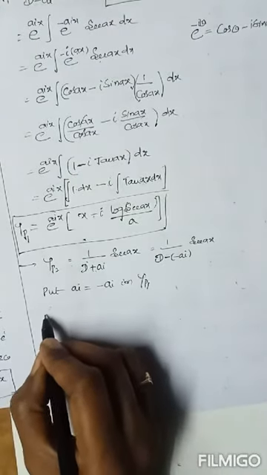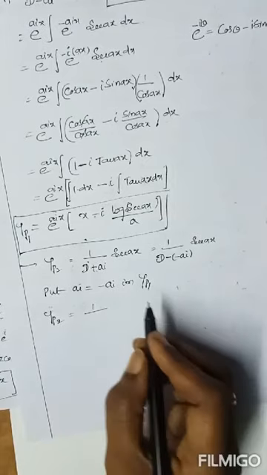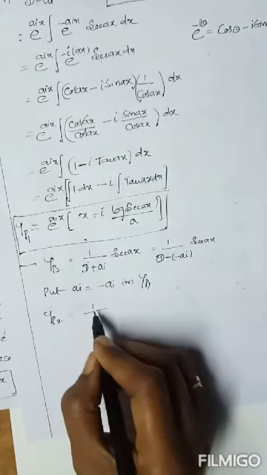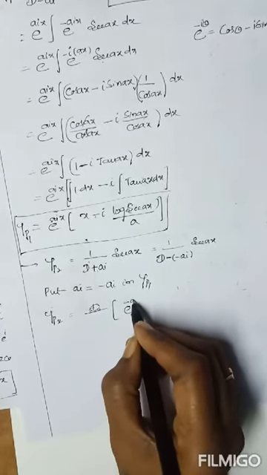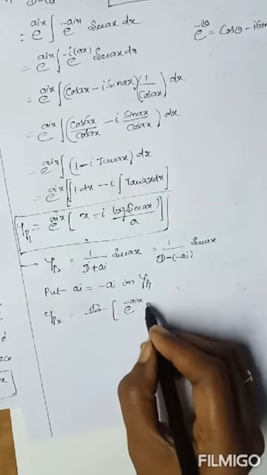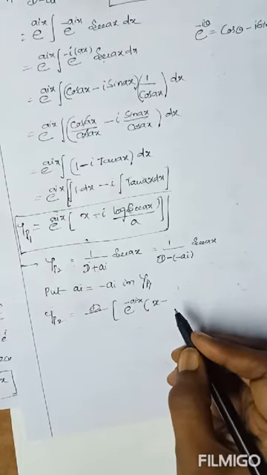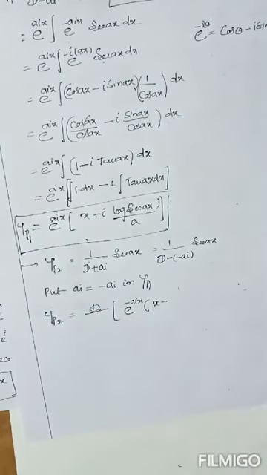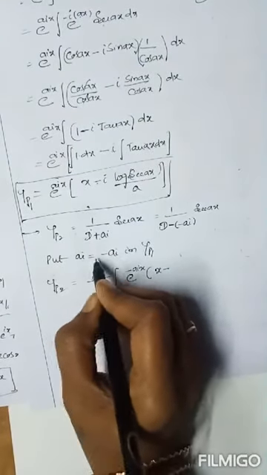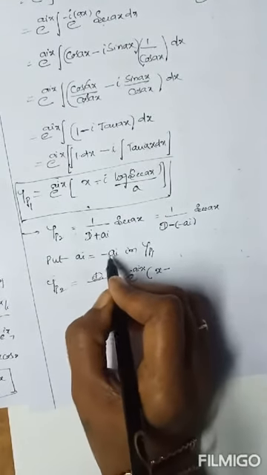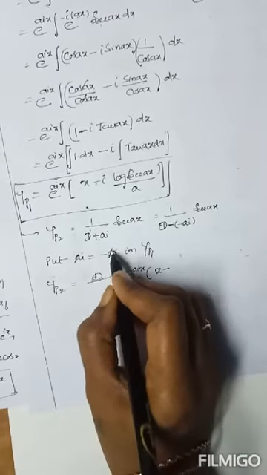Okay, now yp2 equals to 1 by, the result we actually need, e to the power of minus aix, x minus. Here also, instead of ai, minus ai, we can write i equal to minus i.